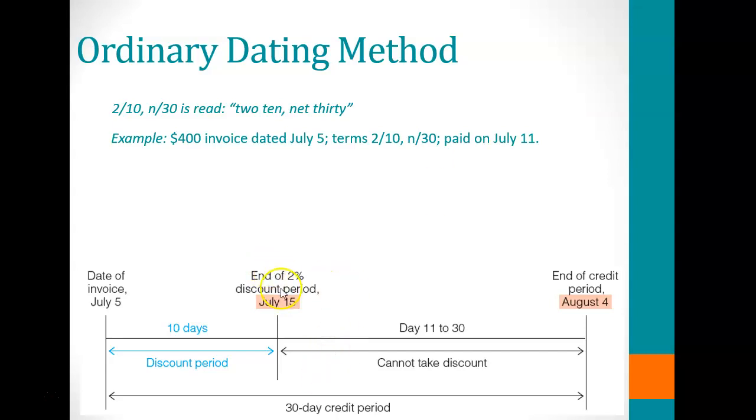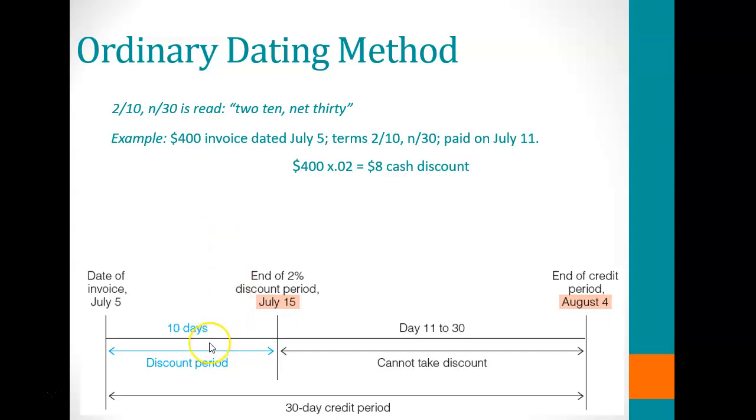The answer would be yes, because the discount period extends from July 5th through July 15th. The buyer paid on July 11th, therefore they did pay within the discount period. If they pay after July 15th, they're not allowed to take a discount. At that point in time, they must pay the entire $400.